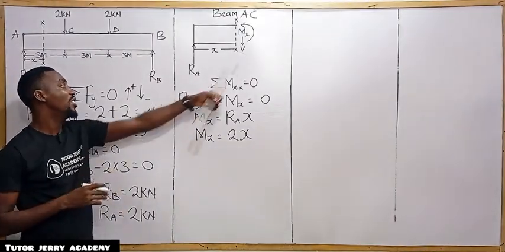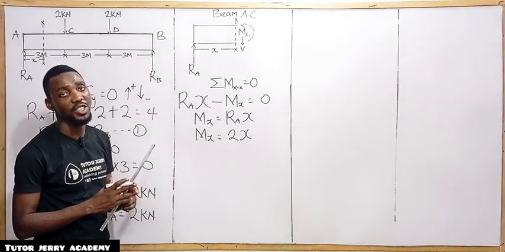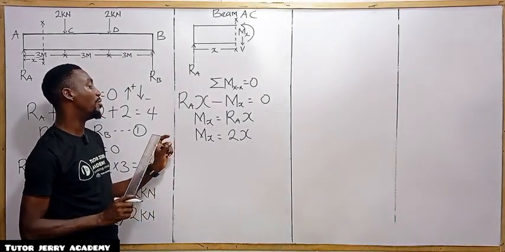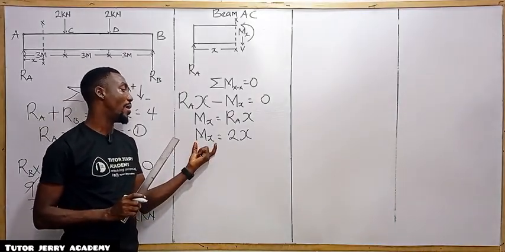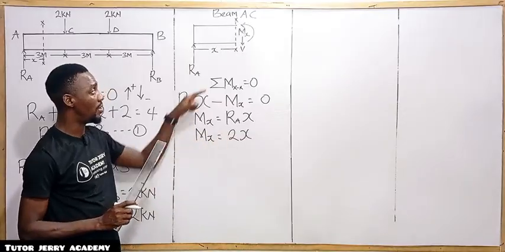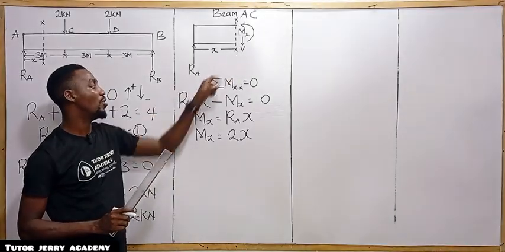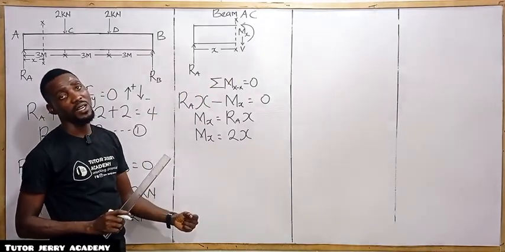We are going to get the shear force, but how are we going to get it? Note carefully that if you differentiate the equation of our moment, we are going to get our shear force. And if you integrate the equation of our shear force, you are going to get our moment. I hope you understand.